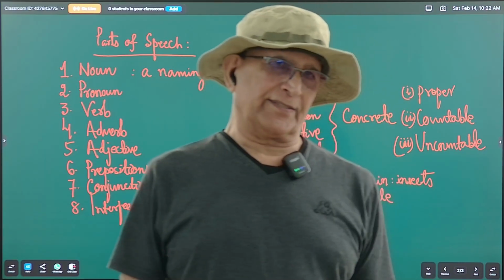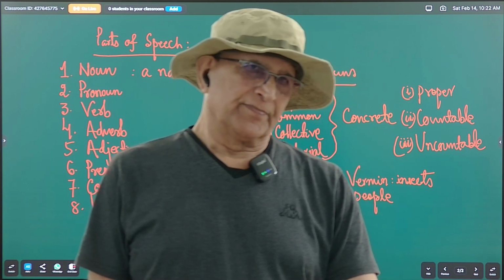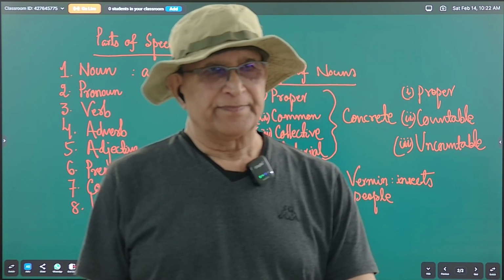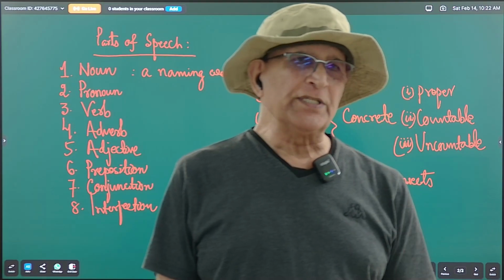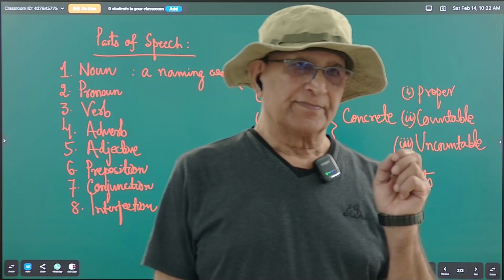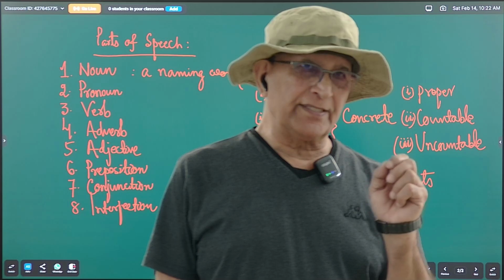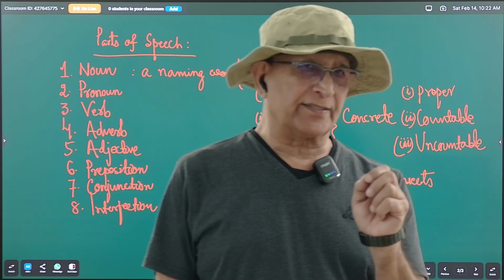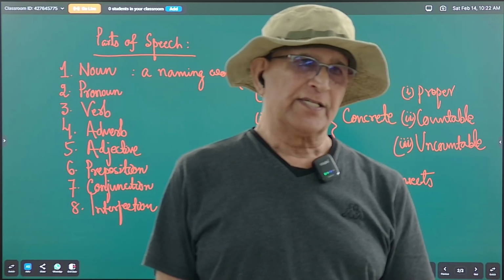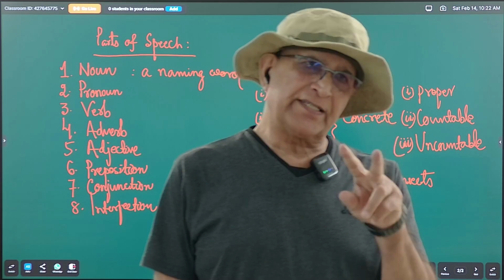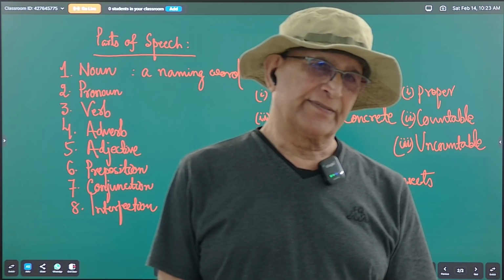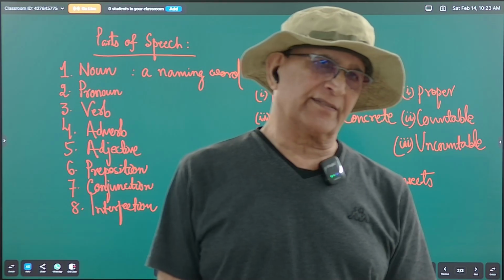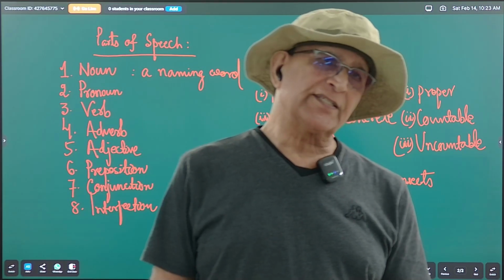All these things you find. Clippers, tweezers, it has two parts. Scissors, it has two parts. You can't say a scissor, it is always scissors because it has two parts.